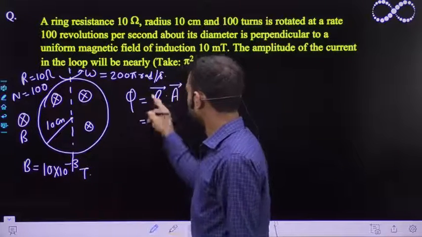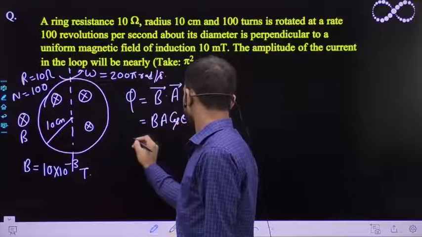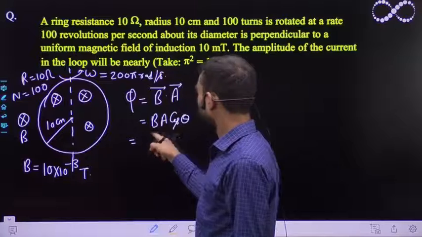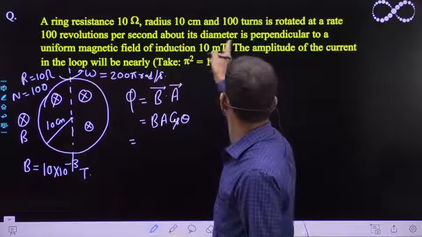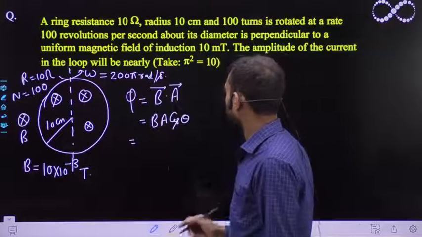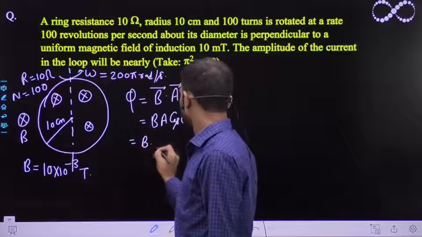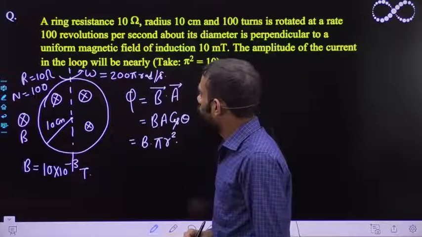So this will become BA into cos theta. The value of B is constant, the area is also constant, that will be pi r square. The radius is given in the question, 10 centimeter. So this will become B into pi r square and cos theta.